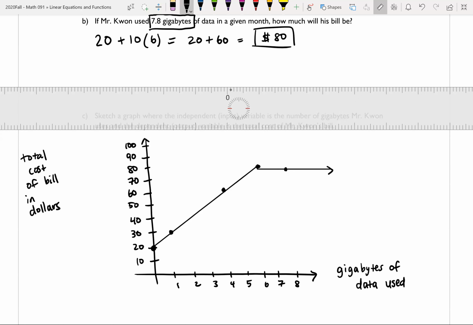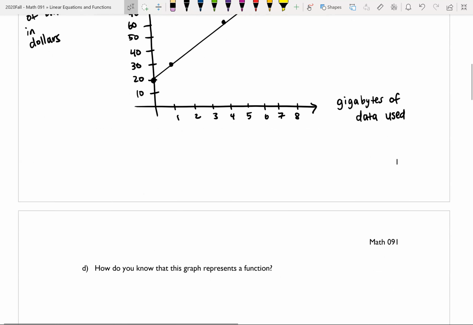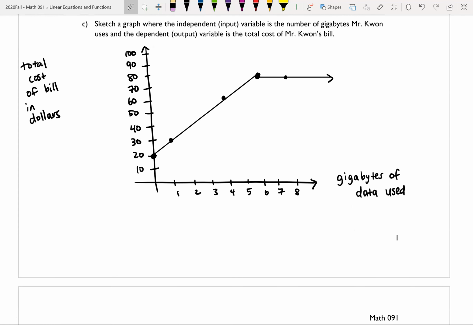So our graph is going to look something like that. Okay, so notice this is not a linear function because if it was a linear function, it would just be one single straight line. But this is a combination of like two different linear functions. And whenever you combine multiple different functions like this, it's what we call a piecewise function.